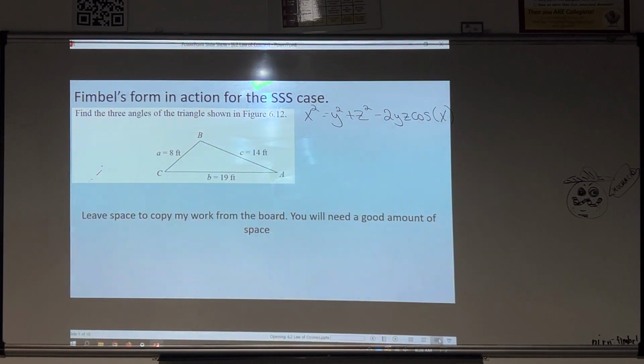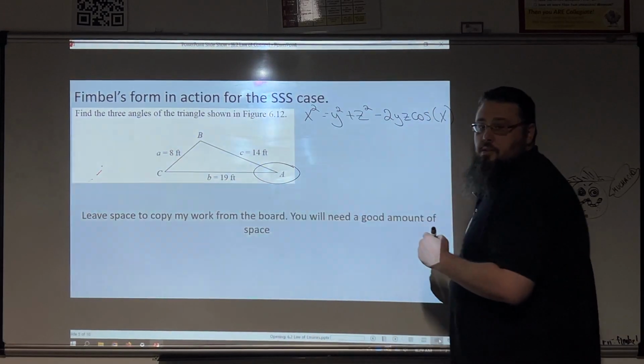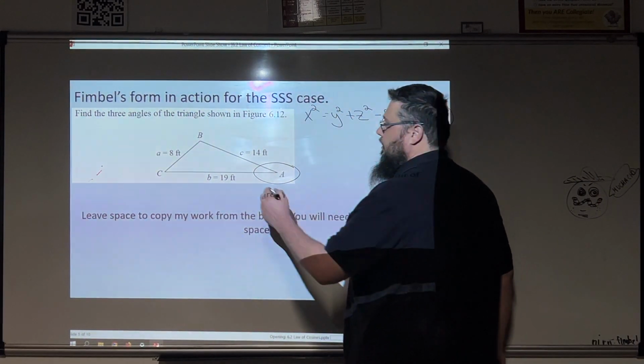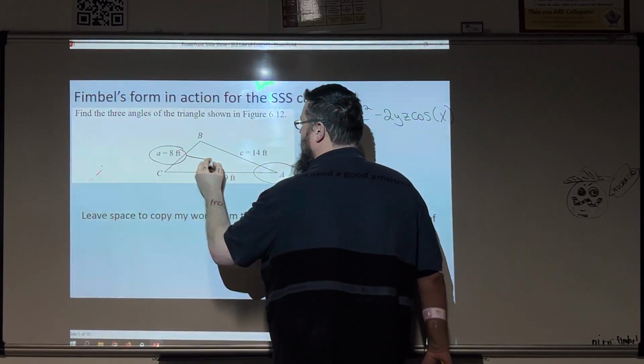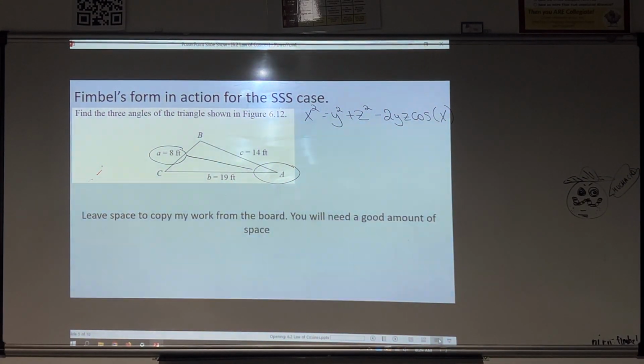All right. Anybody want to take a shot at, well, actually no. Scott, do you want to find an angle A, B, or C first? All right, we're 4 for 4. Every class says start with A. Scott, do I know what the measure of angle A is? No, but do I know what the side length opposite of A is? Yes. Yeah, it's 8, right? Or little a. So I draw this just to show that they're linked together as opposites.